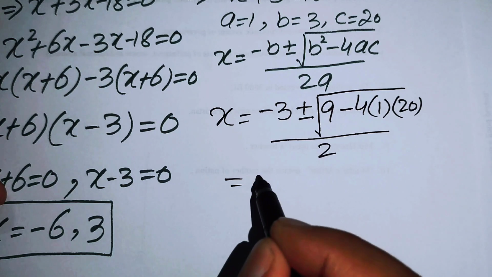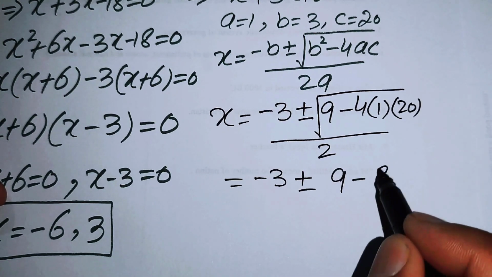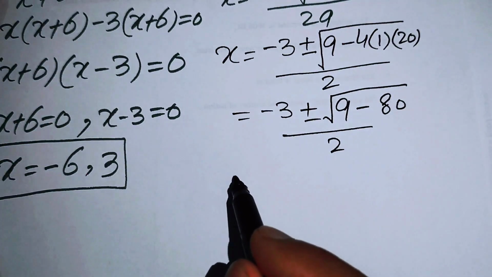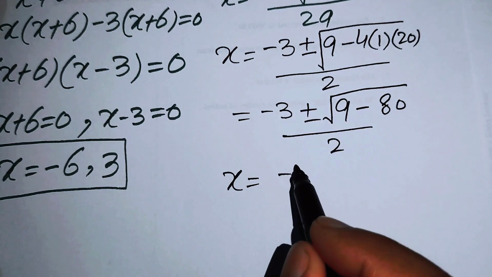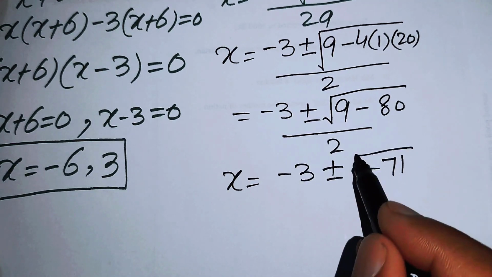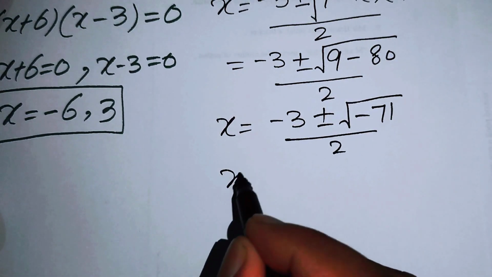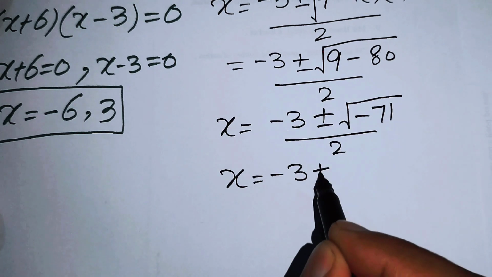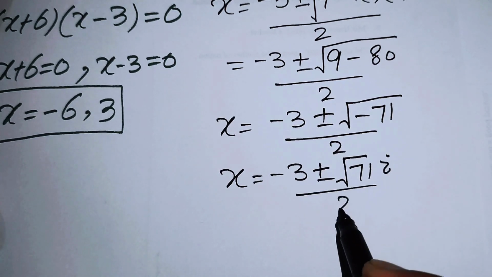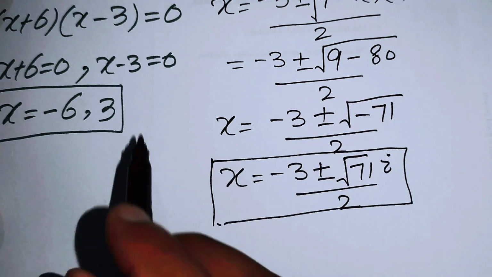So finally you get minus 3 plus minus the square root of 9 minus 80 over 2, and finally you get minus 3 plus minus the square root of minus 71 over 2. And you know that the square root of minus 71 is equal to root 71 times iota, so x is minus 3 plus minus root 71 iota over 2. So these are the other two roots of the given equation.